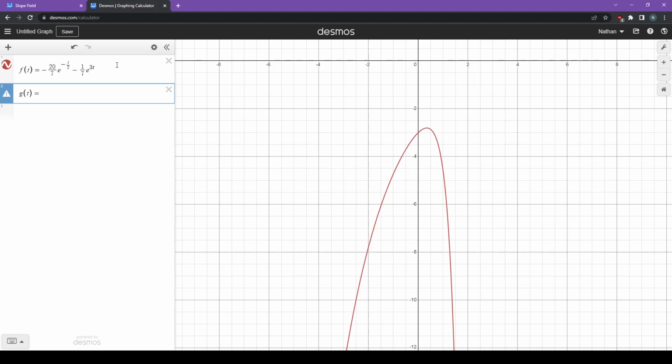We know that our function has a slope of 1, and also that the line passes through negative 3. And so if we actually plot that line on our figure, we see that the value of the function and the derivative matches those values. And so when we apply initial conditions, this is what we're doing.